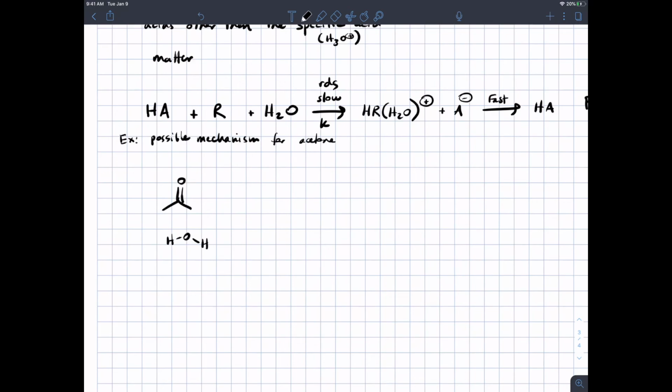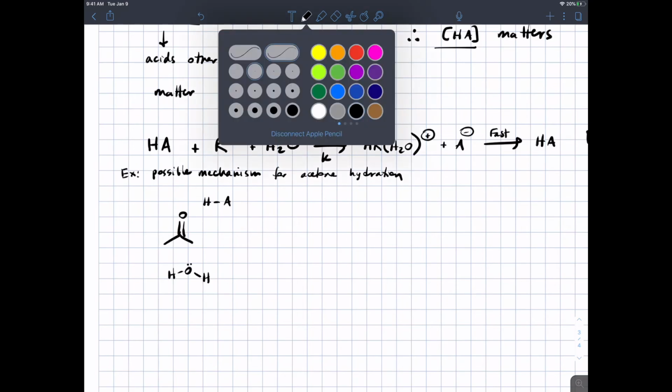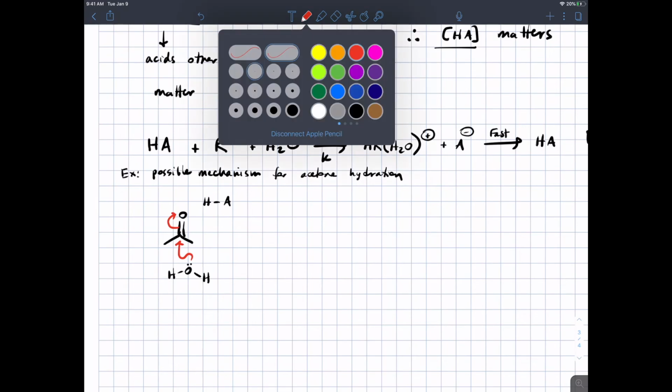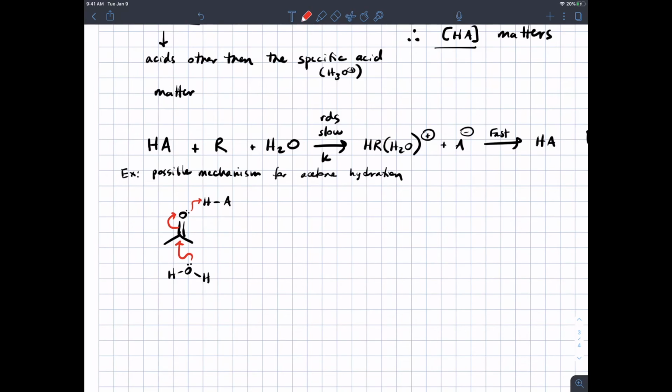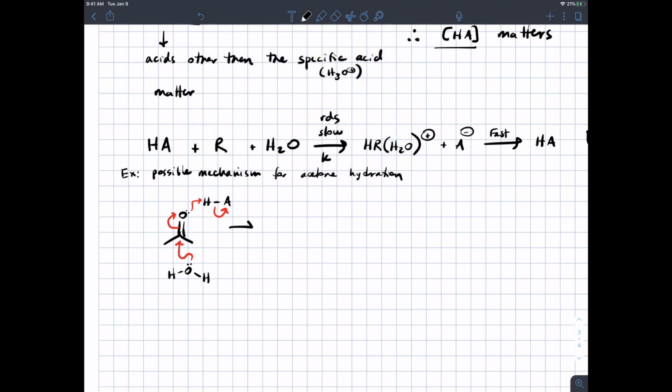But we could propose a general acid mechanism wherein a nucleophile attacks at the same time as the carbonyl is getting protonated by the acid that you add. And presumably the justification for this would be that water is not a good enough nucleophile to add to the neutral carbonyl on its own.